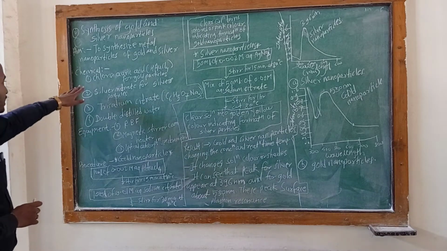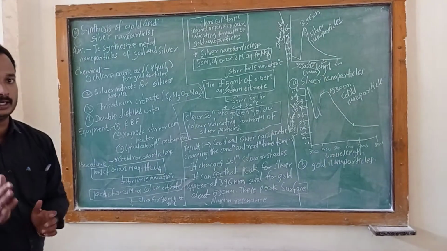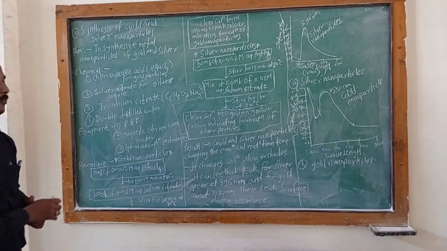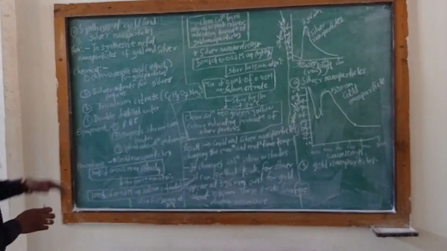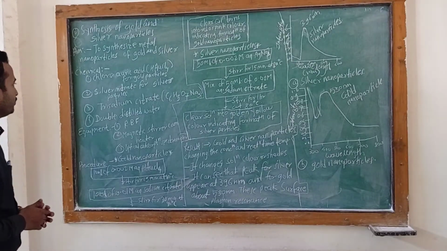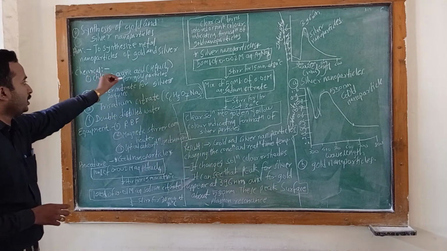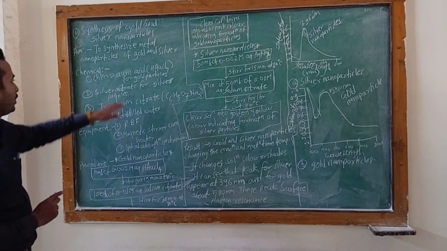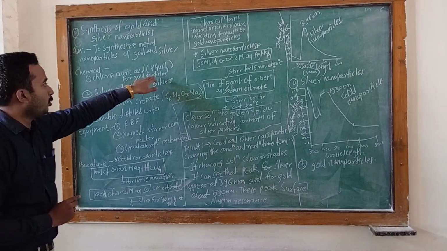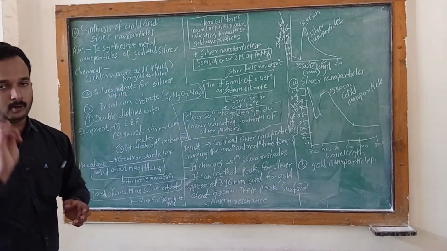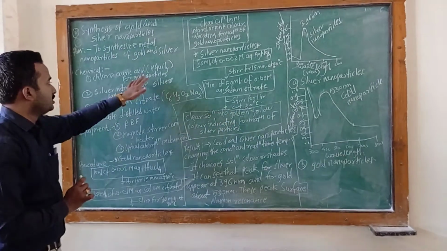Next, what chemicals do you have to use in the synthesis of gold and silver nanoparticles? First is chloroauric acid, with the formula HAuCl4, for the gold particle synthesis.